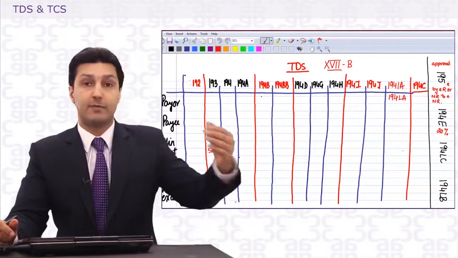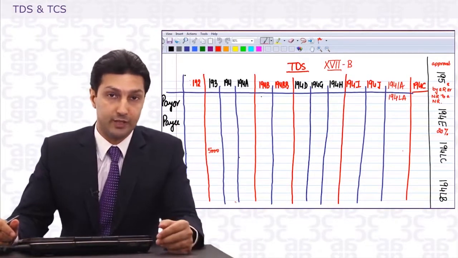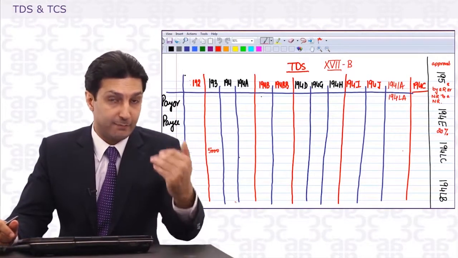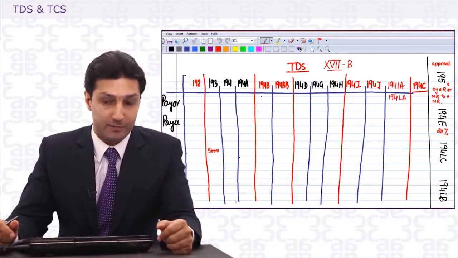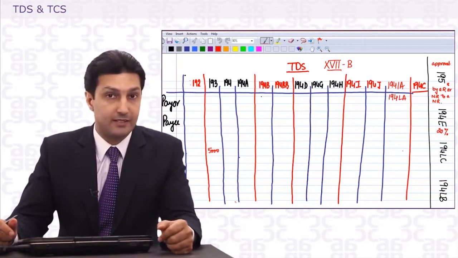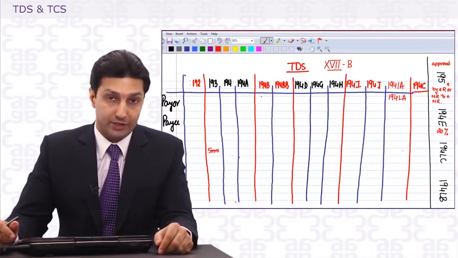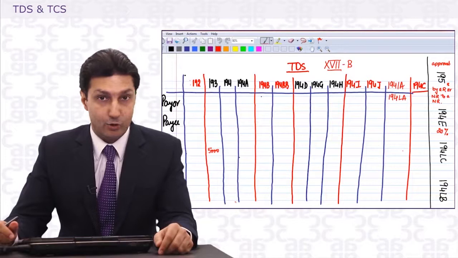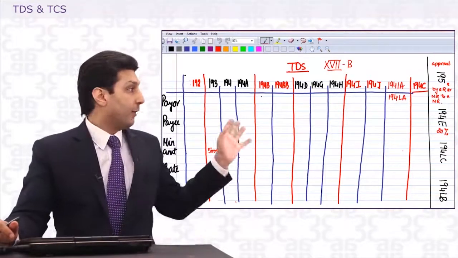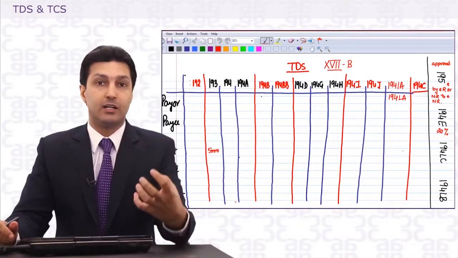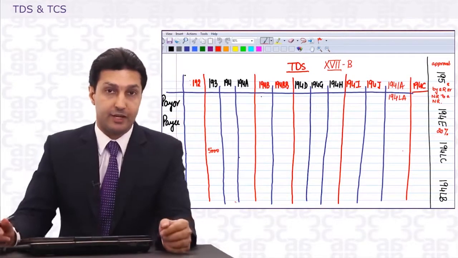It has made a sale of 50 lakhs during the year. When it gets payment, is TDS going to be deducted on that payment? The answer is, we don't know. Let's have a look at what Chapter 17B says. All sections here prescribe a particular payment on which TDS is deductible.